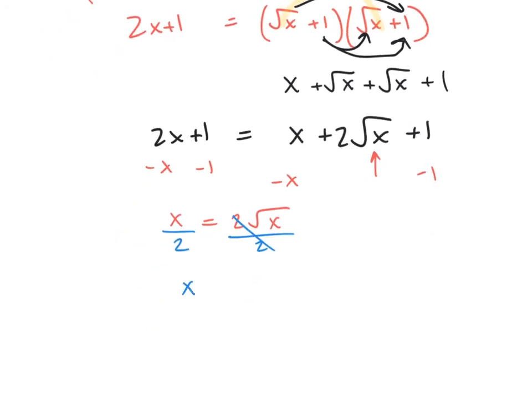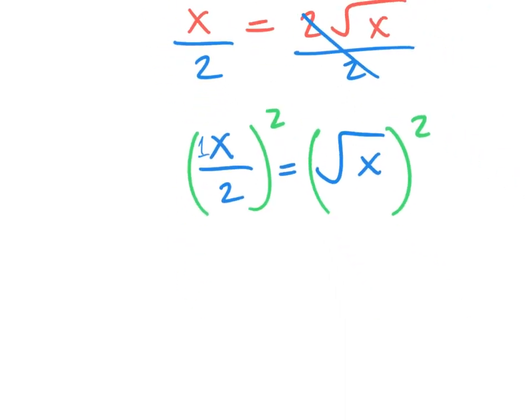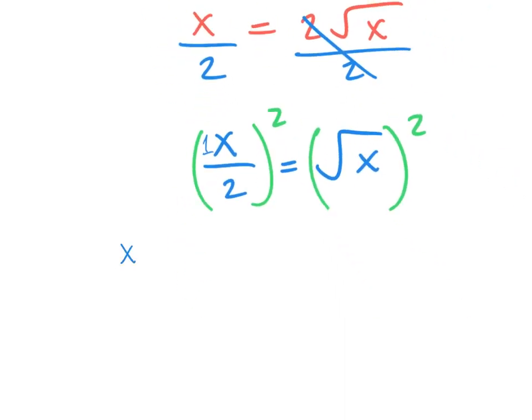So we'll now have x over 2 is equal to square root of x. Now that I've got the other square root piece isolated, it's its turn to get squared. And you can think of this as a 1x. So x over 2 squared is really x over 2 times x over 2. So I'll get x squared over 4 is equal to x.